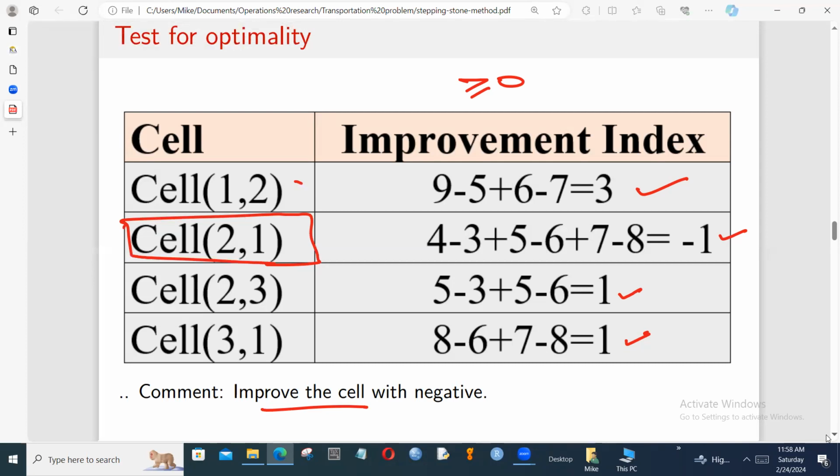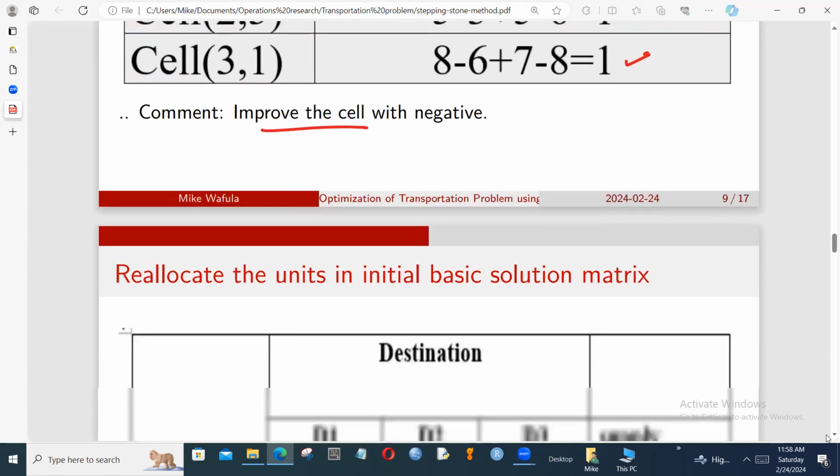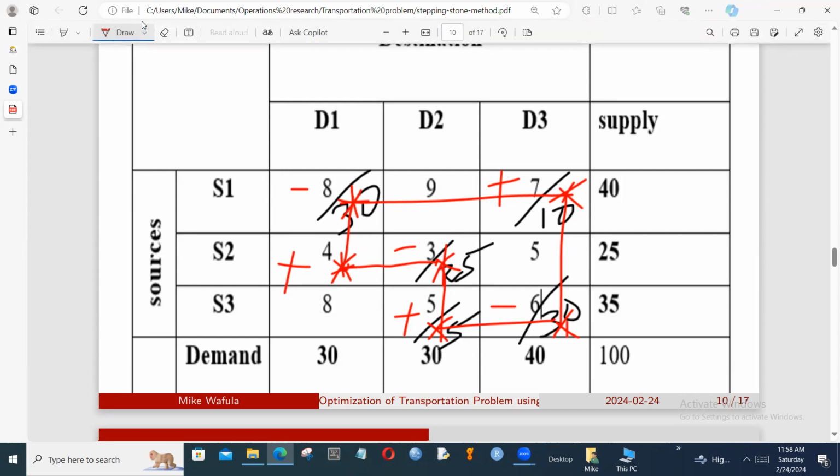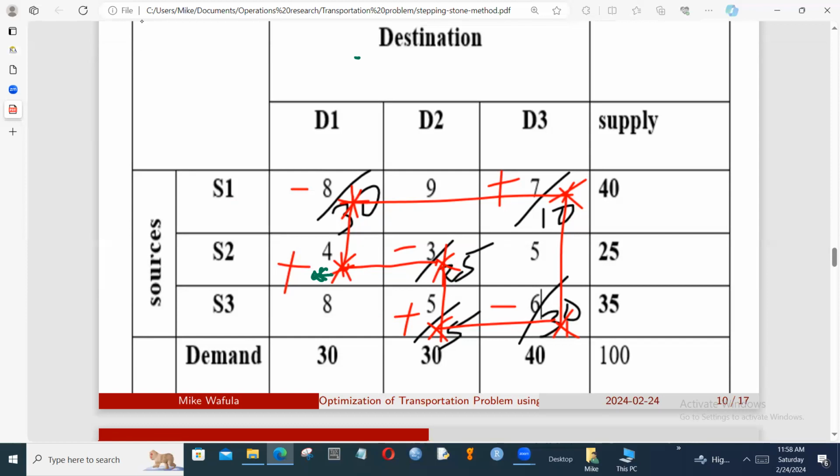And how we do the reassignment of units to this cell 2-1 is just the same as what we did in the modified distribution method. So remember, this is the loop that we had when we were drawing the loop for cell 2-1. This was the starting point, and we had such a kind of loop. And so what we are doing now is reassigning units to this particular cell 2-1.